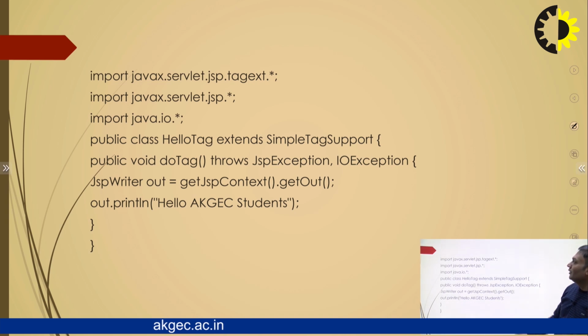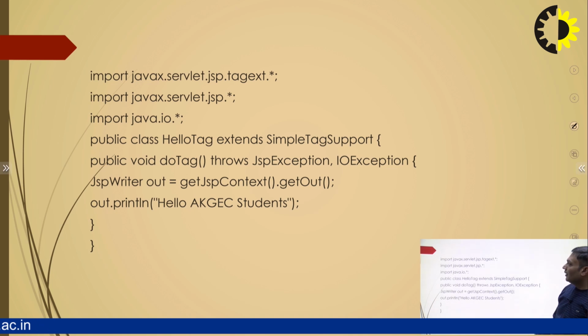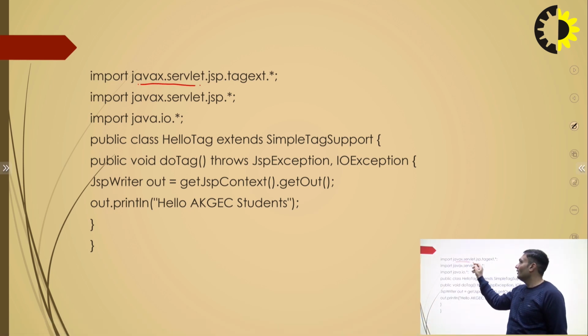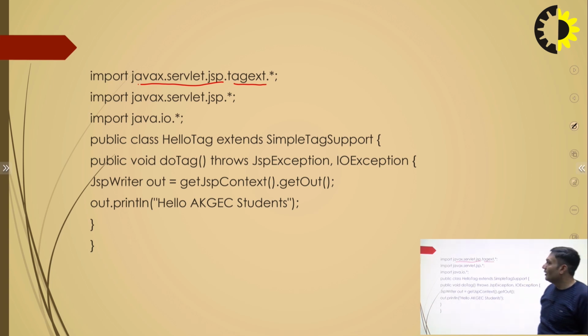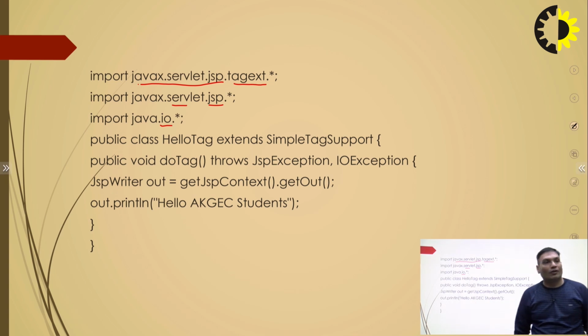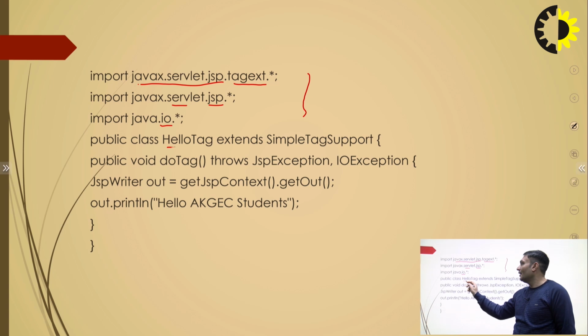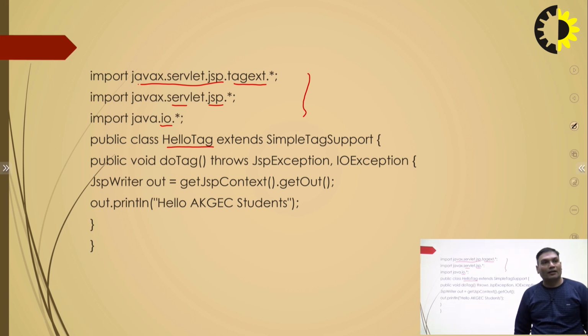So first we need to import two important packages to make a custom tag class. First package is javax.servlet.jsp.tagext. Second one is javax.servlet.jsp. Third package that is important for input or output, that is java.io. These three packages are to be used to make a tag handler. So here the tag handler is a user defined class, that is HelloTag.